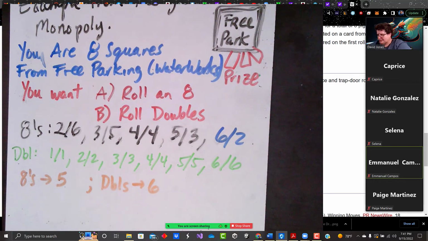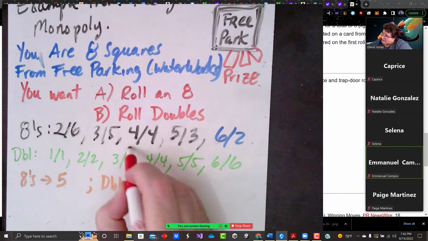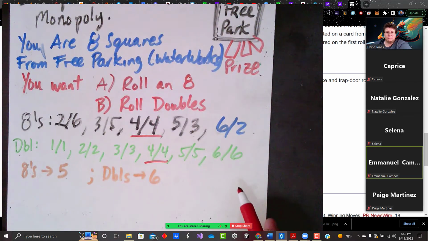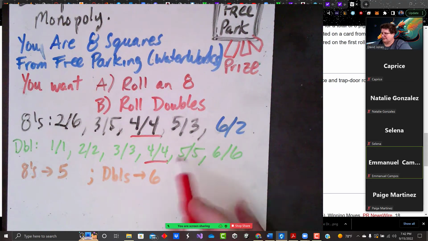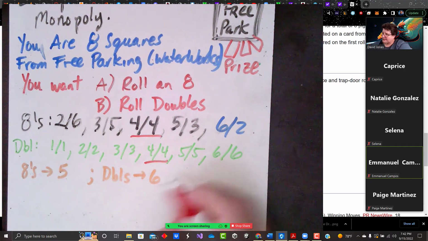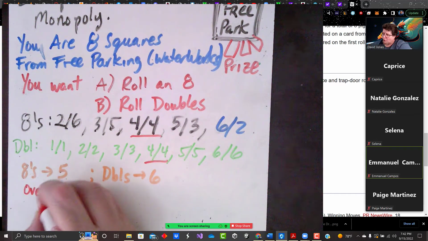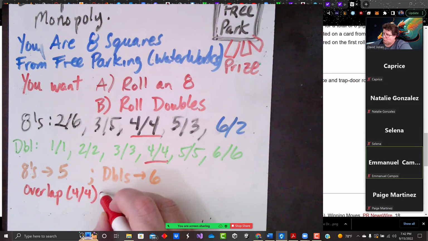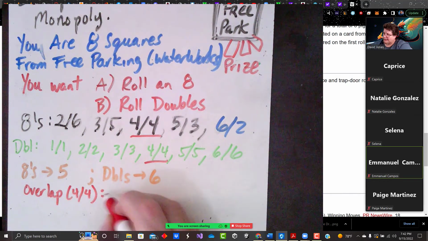But notice I have 4 and 4 up there twice. I can't count it twice. So I'll call this the overlap category. Overlap is the 4 and 4. There is only one event that has an overlap.